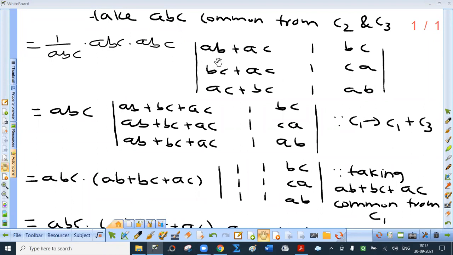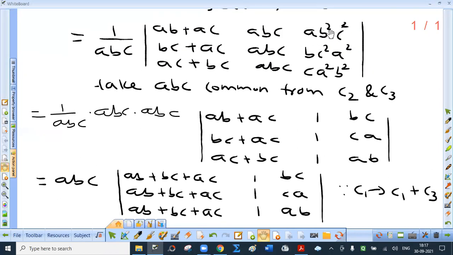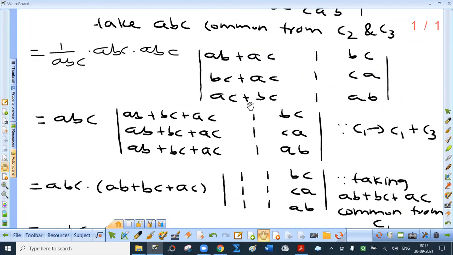So what remains is the determinant with first column ab+ac, bc+ab, ac+bc, second column 1, 1, 1, third column bc, ca, ab. I will show you this part once again. See, abc is taken common from the third column, so what remains is bc here, ca here, ab here, as simple as that.